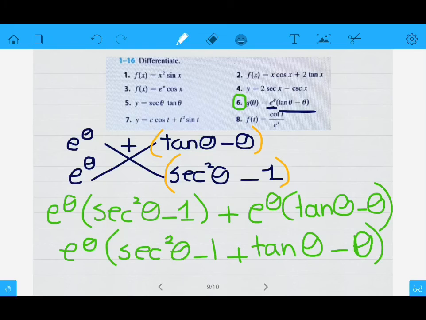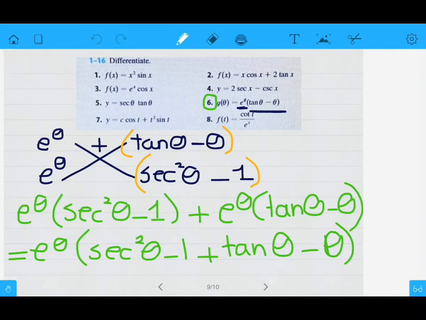Before, we could simplify it more, but in this one I will keep it here. After the second slide I will explain some rules. We must memorize them, because sec squared minus 1 is tan squared theta, and we simplify it.